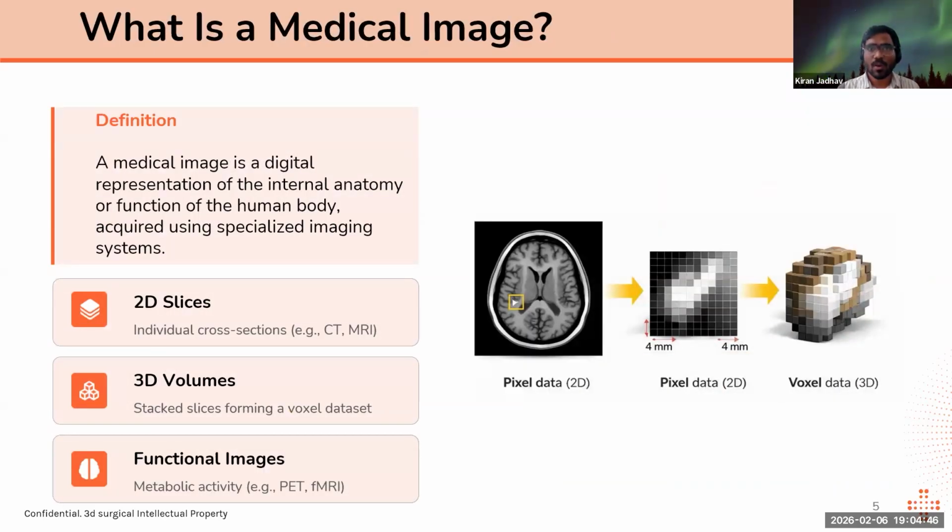Now moving ahead, what does medical image mean? As you can see in the definition, a medical image is a digital representation of the internal anatomy or the function of the human body. Like you can see on the screen here, there is an image of the brain, which is a 2D image, and it has a couple of bright pixels and a couple of dark pixels, which shows the variation in intensity.